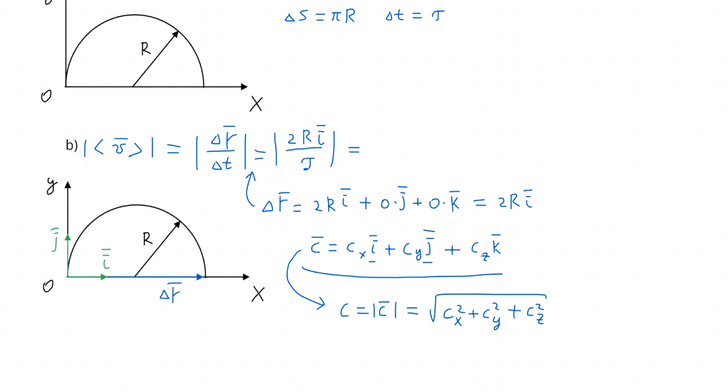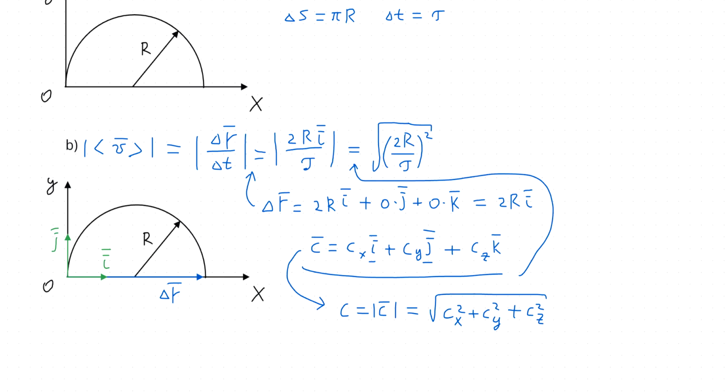So according to this relation, we can write that it will be the square root of double r divided by tau, and this is to the power of 2.